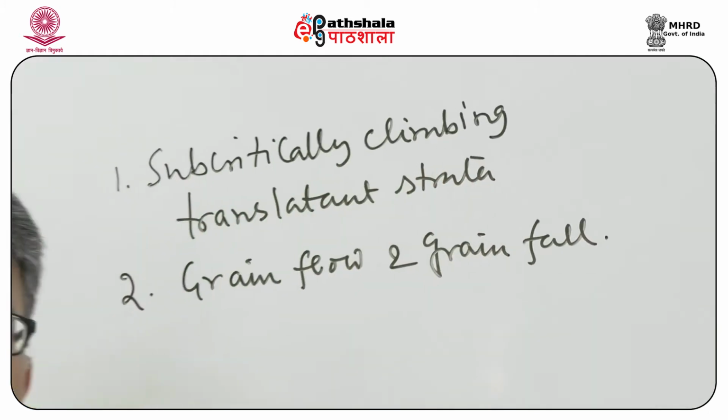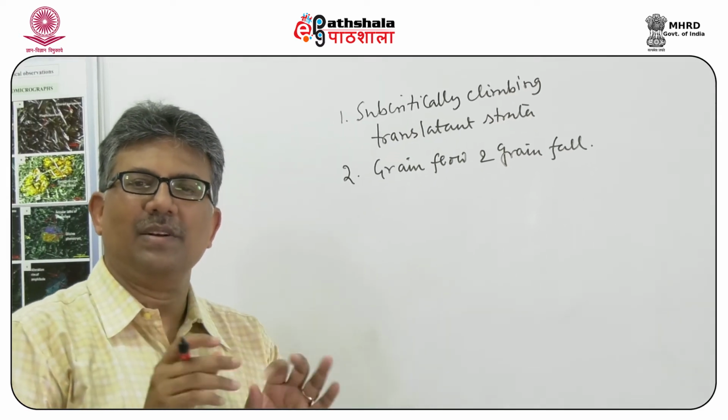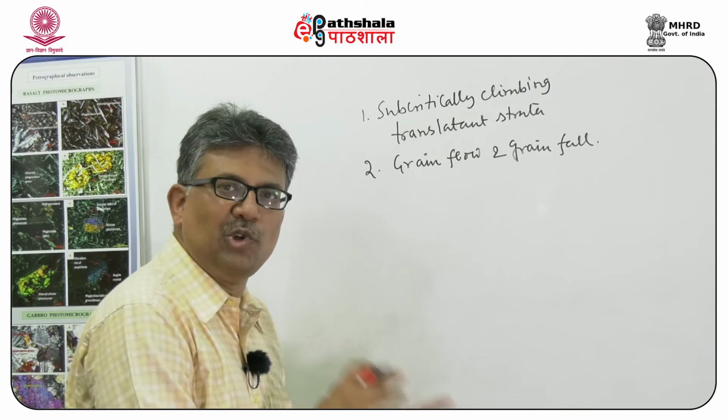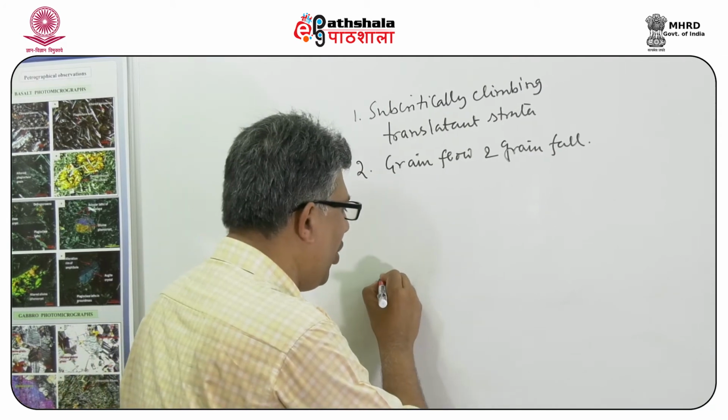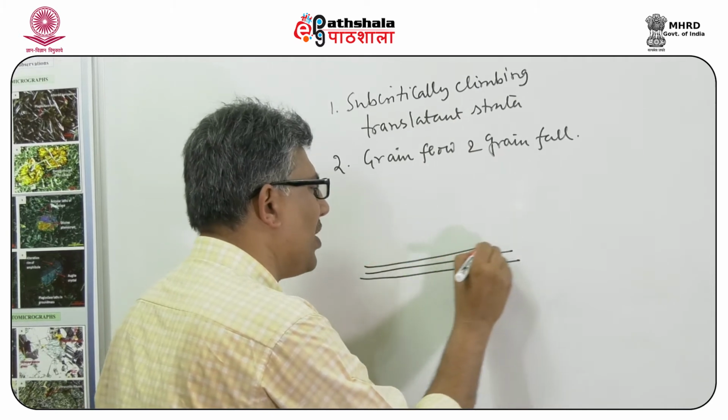Now, subcritically climbing translatant strata, that is the product that you will see in the figure also. I am also drawing that very low angle stratification that you will get in a very well sorted sandstone.